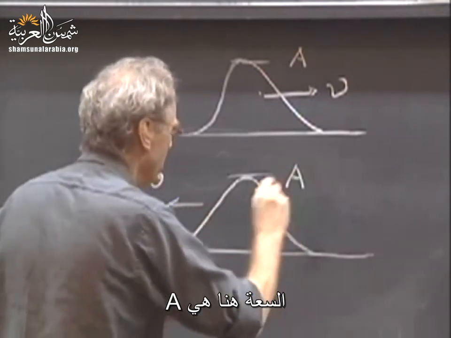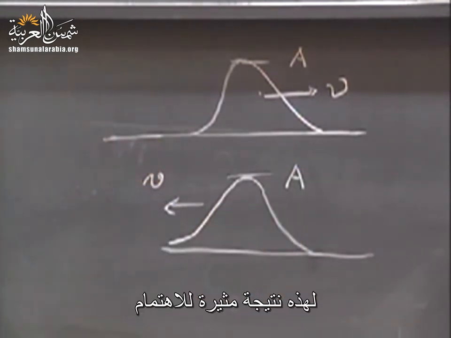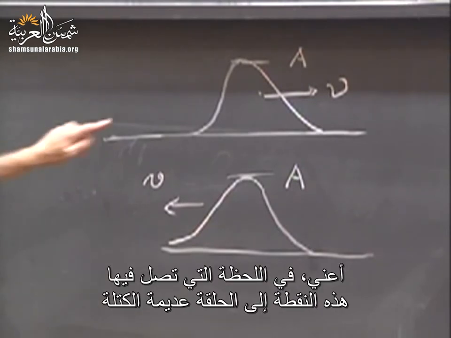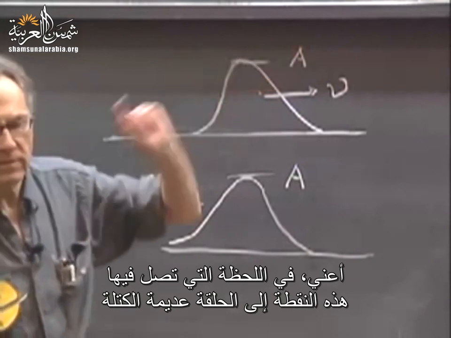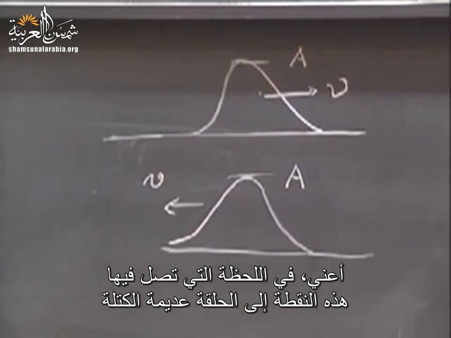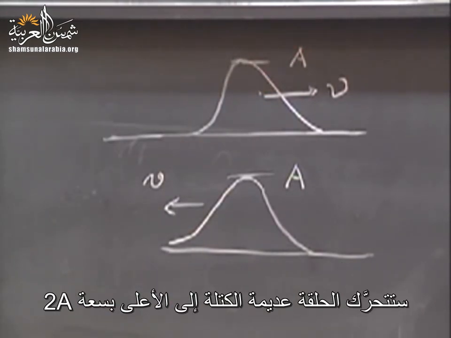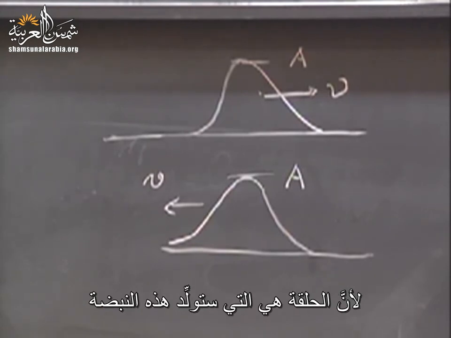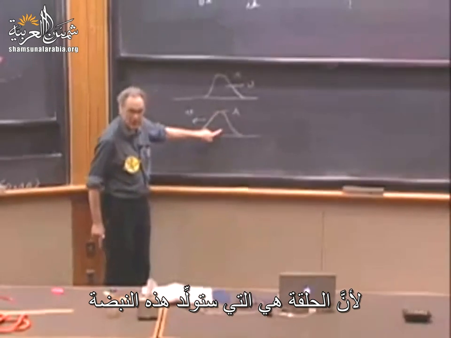This has amplitude A. And this has very interesting consequences, namely, at the moment that this point here reaches that massless ring, the massless ring must go up by an amount 2A, because that ring generates this pulse.